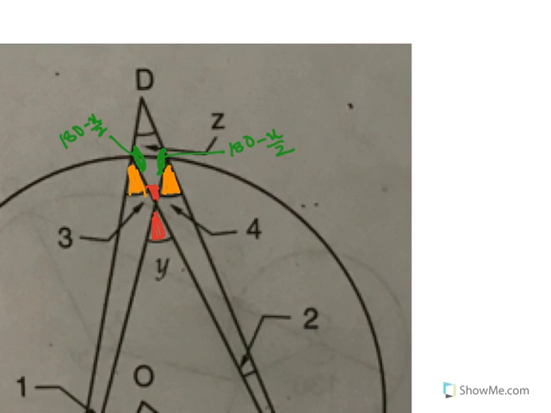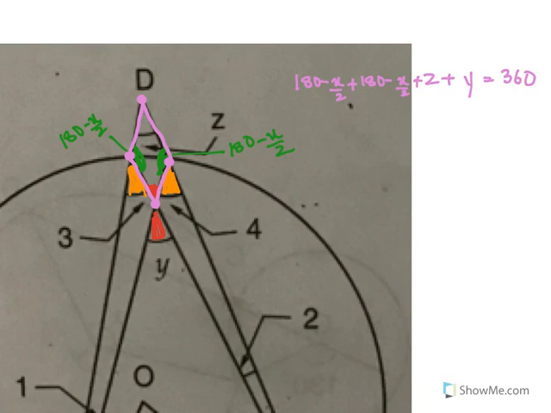Now in the quadrilateral, there are four angles: 1, 2, 3, 4. You add up the four angles, you will get 360. So the four angles are 180 minus x by 2, one angle, 180 minus x by 2, the second angle, z, the third angle, and y, equal to 360.